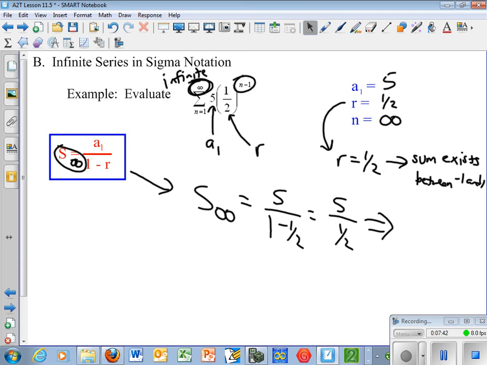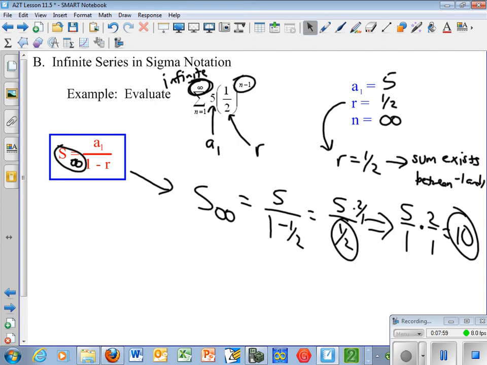So this really means 5 over 1 times, I multiply by the reciprocal, which is 2 over 1. 5 over 1 times 2 over 1, or 5 times 2, is 10. There is the sum of that infinite geometric series.